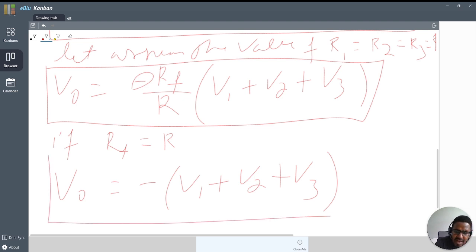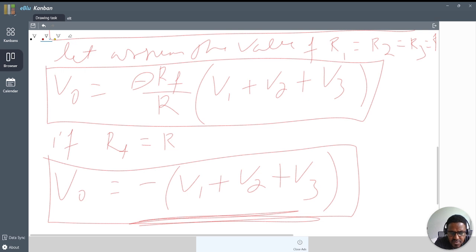So the summing amplifier, which we can call an adder, means that according to the analysis we can add V1 plus V2 plus V3 when RF equals R, that means unity gain. So we get an adder, or the inputs become added. So we can call this a summing amplifier.